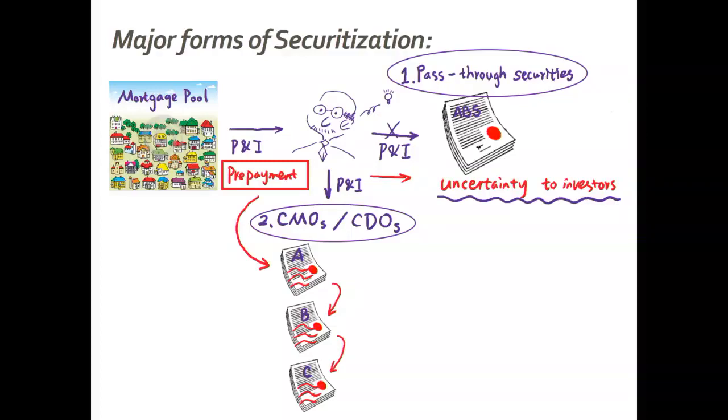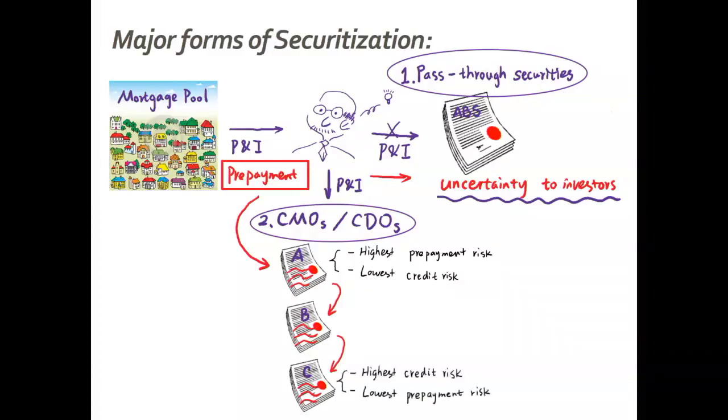So class A bonds will have the highest prepayment risk, but at the same time, they enjoy the lowest what risk? Default risk, exactly. They receive extra cash flows, their maturities are short, so they have the lowest default risk.